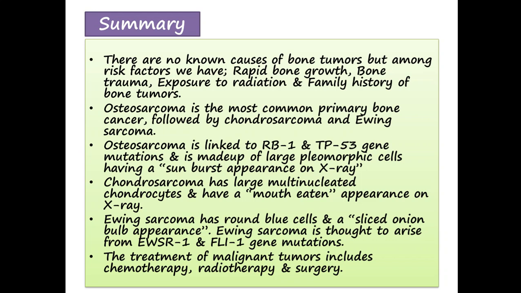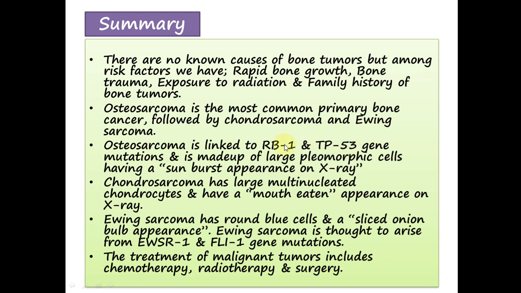Osteosarcoma is the most common primary bone tumor. Then after osteosarcoma is the chondrosarcoma, and chondrosarcoma is followed by the Ewing sarcoma, which arises from the neuroendocrine primitive cells. Especially the osteosarcoma is linked to RB1 and TP53 gene mutations.